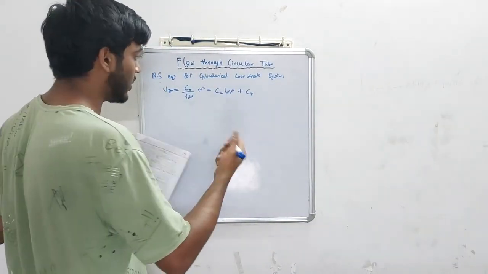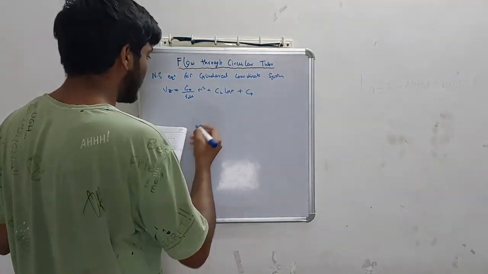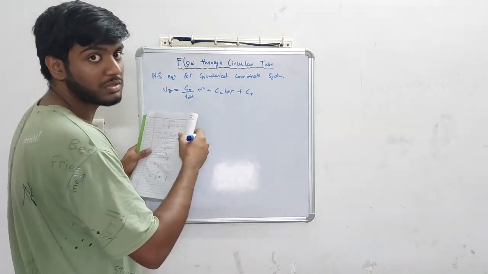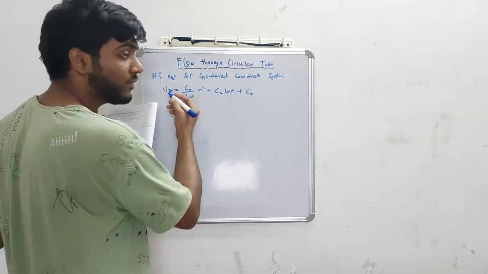There is a logical boundary condition, which is at r equal to 0, Vz should be finite.